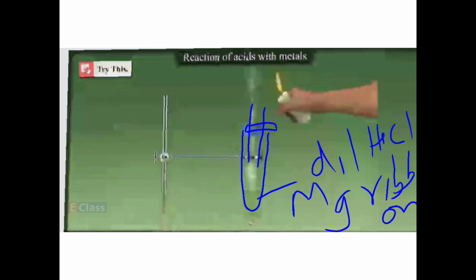I'll repeat the experiment. In a test tube, you are going to take the magnesium ribbon. Over that, you are going to add the dilute acid, close the cork which is having the capillary, and near the capillary open end, you just bring the burning candle.